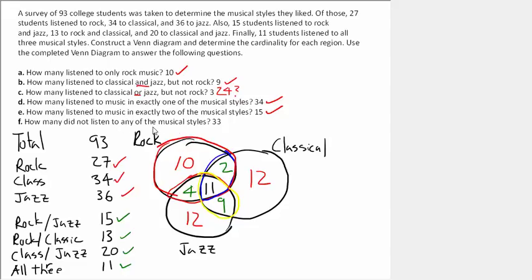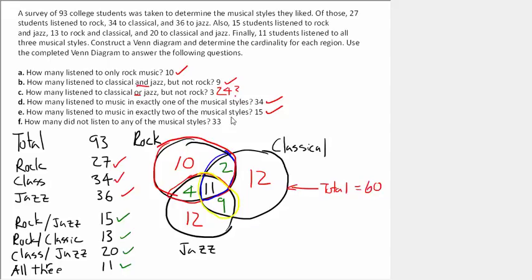Finally, how many did not listen to any of the musical styles? Well, if we add all these numbers up, we find that there's a total there, and I did write this number down. Where did I put it? Here it is. It's 60 of them. There's a total of 60 within the Venn diagram.